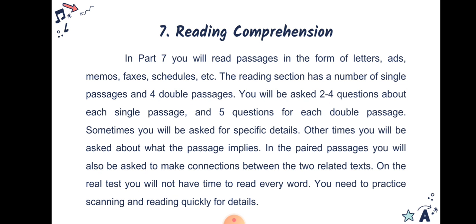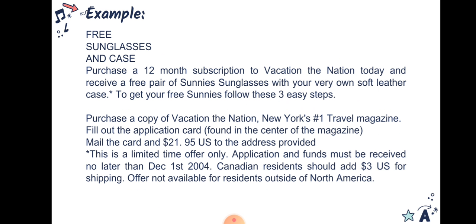Sometimes you will be asked for specific details. Other times you will be asked about what the passage implies. In the paired passages, you will also be asked to make connections between the two related texts. On the real test, you will not have time to read every word. You need to practice scanning and reading quickly for details. For the sample, you will bisa dibaca.